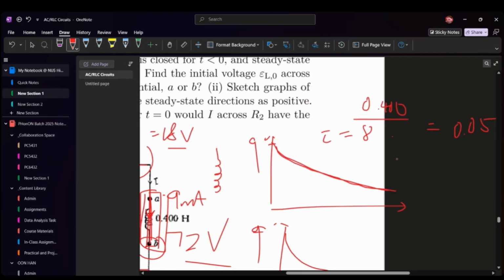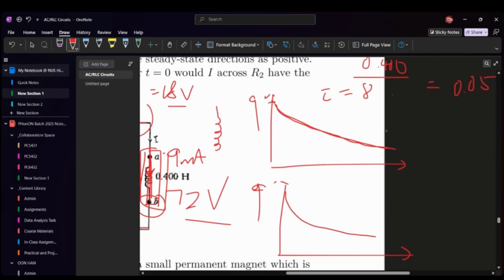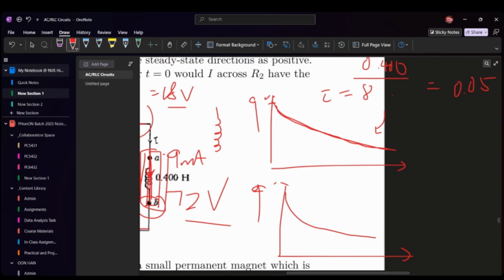Okay, but you get the point. You basically take your time constant to be L over R, and then just the decay of your exponential curve.